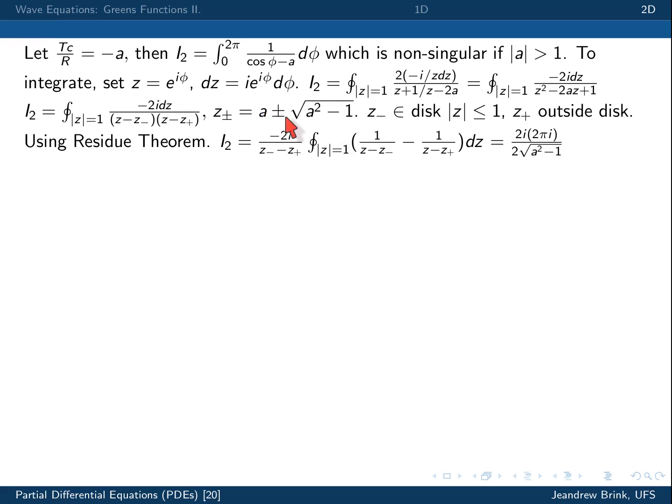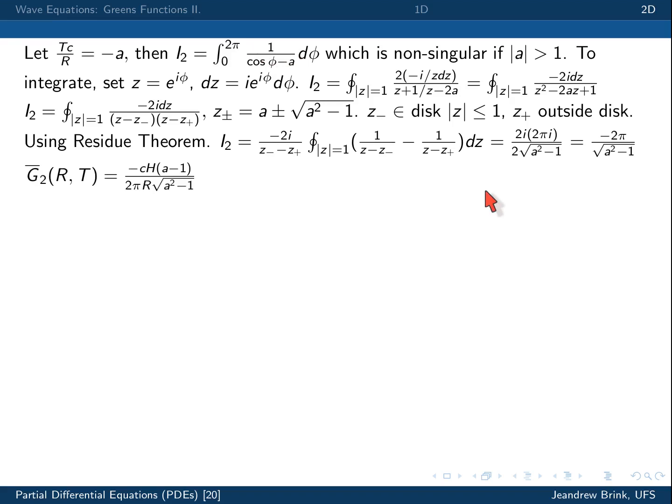Okay, the a's cancel out, and there are 2 of them, so the minus cancels out with the 1 above, so you have 2i times 2 pi i over 2 the square root of a squared minus 1, and you get that this integral I2 then has the value minus 2 pi over the square root of a squared minus 1. So it's a nice application of a complex integral to actually work out an integral that by other means is actually quite hard to get.